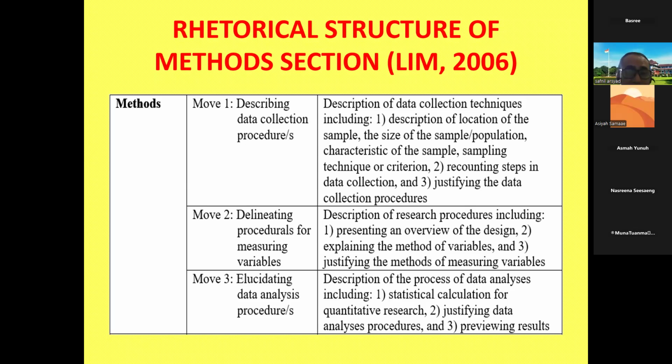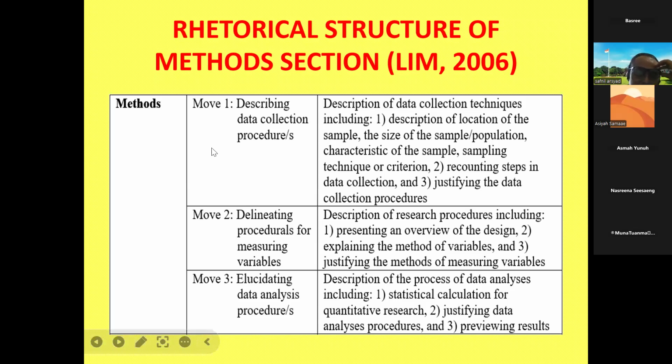And move 3, elucidating data analysis procedure or describing data analysis procedure. The process of data analysis also contains 3 steps: statistical calculation, this is for quantitative research, justifying data analysis procedure, and previewing result. In economics and management, authors may present the important results in the method section, not just in the result section.